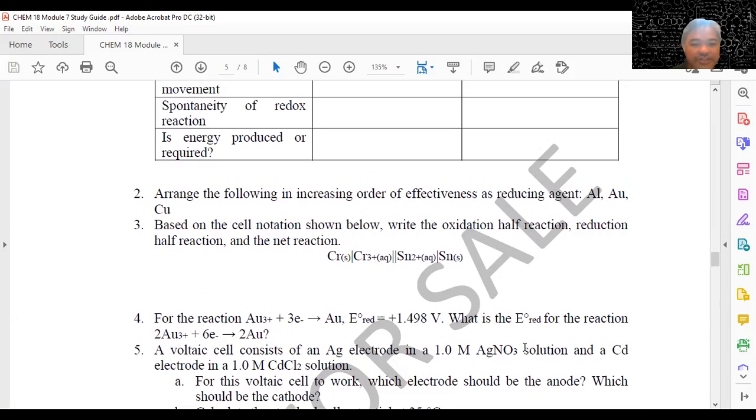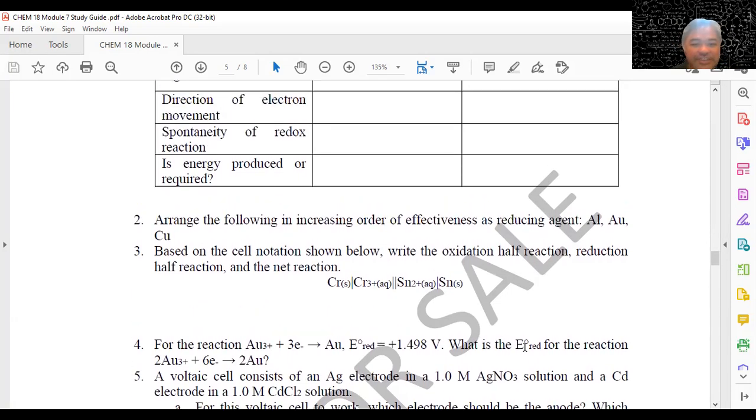Now, how are we going to answer this one? Arrange the following in increasing order of effectiveness as reducing agent: aluminum, gold, copper. So I need to go to the table. That's the only way for you to answer a question like this one.